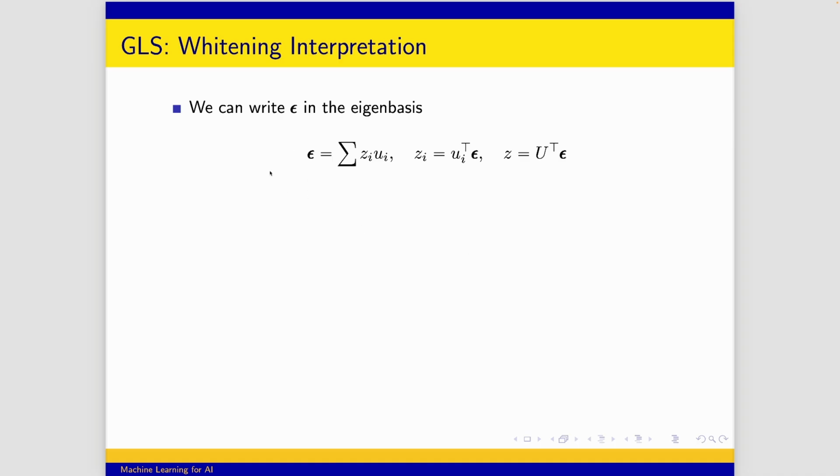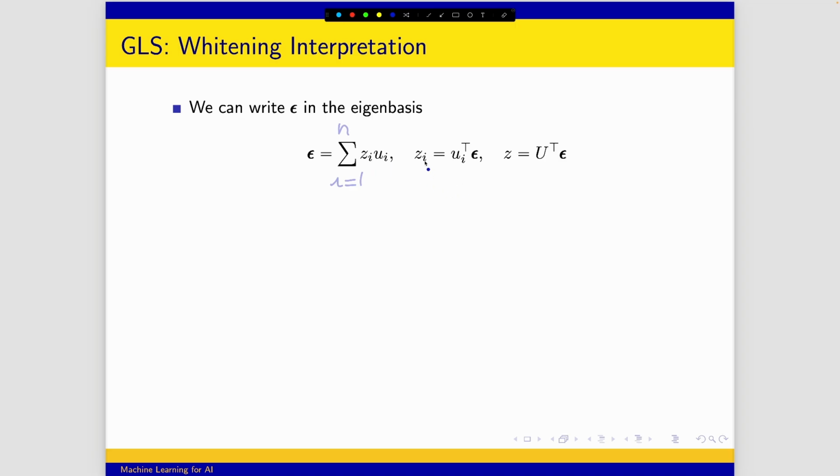Let's use it to write epsilon in the eigenbasis, and we'll see why this is the natural way to write the error. We want to write epsilon as a linear combination of these ui's, i equals 1 to n, so some coefficient zi times ui.